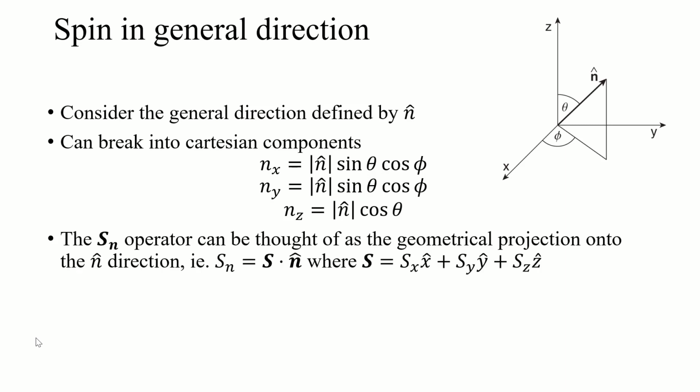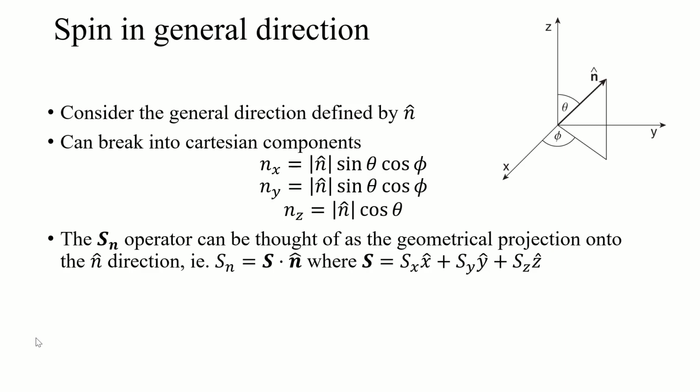What about the spin operator? Well, we essentially want to project the spin angular momentum onto that direction. So we're going to take the dot product of the spin vector with that n hat direction. We think of that spin vector as having x, y, and z components, the projections of the spin in the x hat, y hat, and z hat directions.